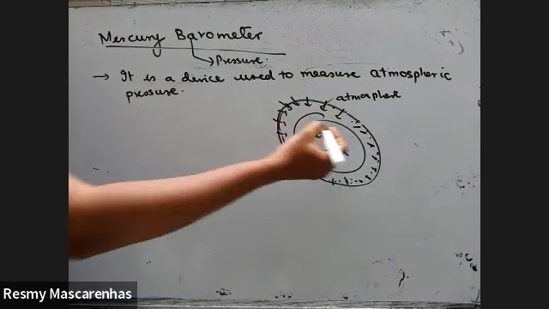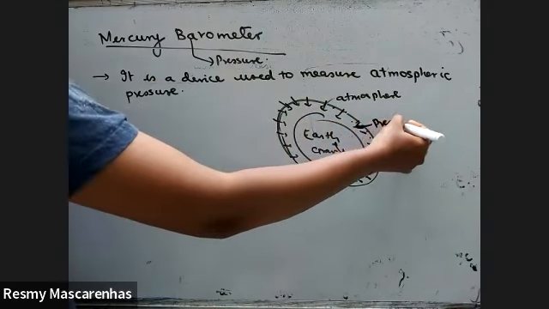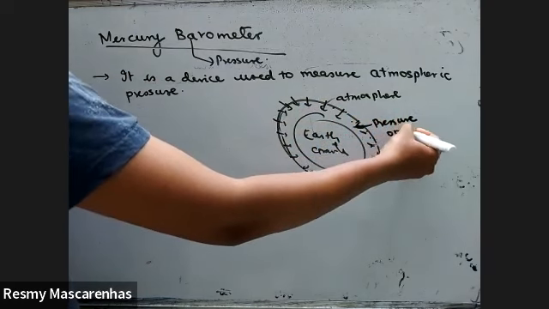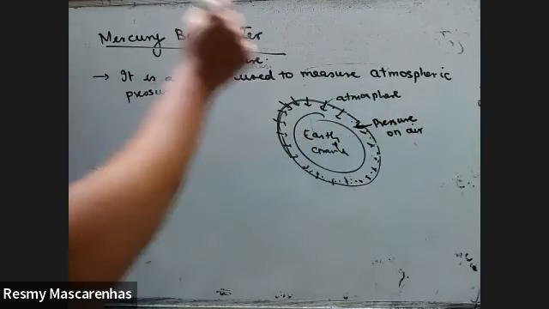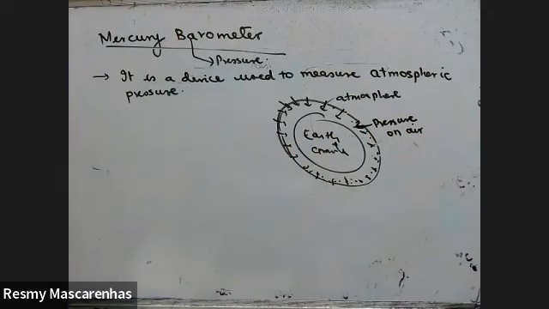So there is always a pressure which is created on the air due to gravity, and that's why it takes up that shape around the Earth. If there was no gravity, maybe all the molecules would be floating anywhere in the universe.